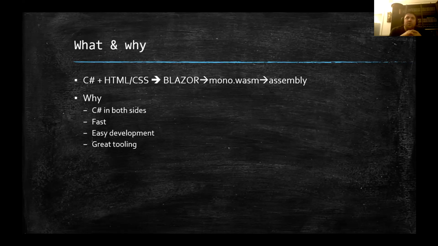WebAssembly is a new technology from the last years that made that possible. That's why Blazor is a new thing. It wasn't possible to run things inside the browser outside JavaScript, but in recent years we can run binary using WebAssembly. So the Mono WebAssembly DLL is used as a runtime to run this package you have built with C# and HTML.